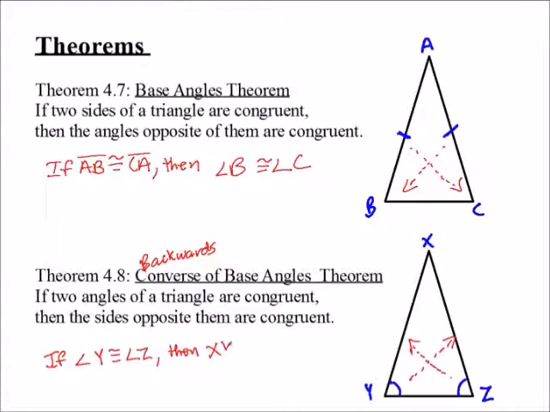Side XY has to be congruent to side XZ, okay? So if the sides are congruent, then the base angles are congruent. If the base angles are congruent, then the sides are congruent.